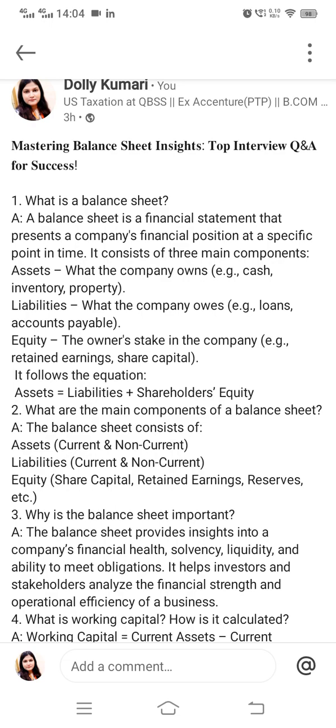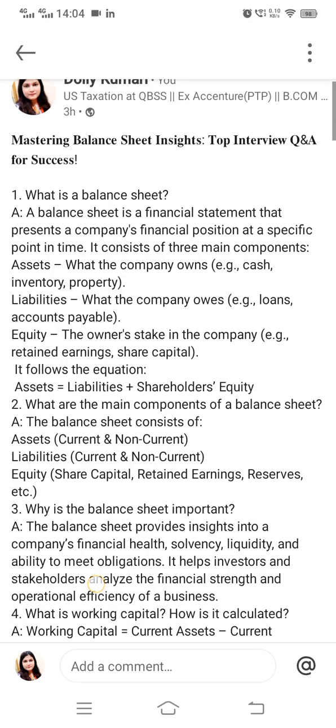Liability is also a major component of the balance sheet, and liability is also of two types, current and non-current. Then we have equity, which includes share capital, retained earning and reserves.